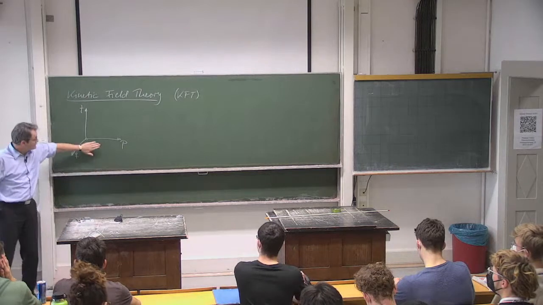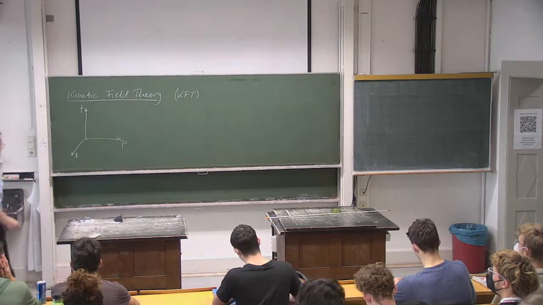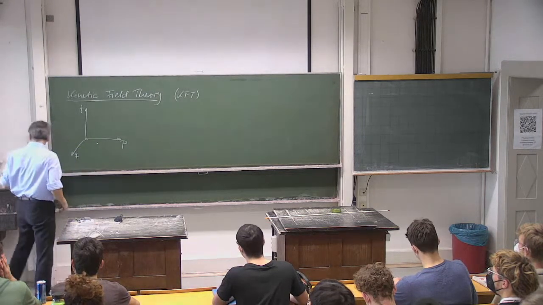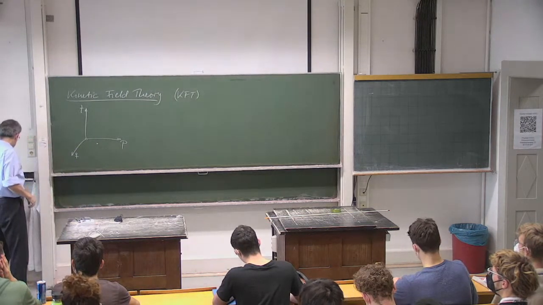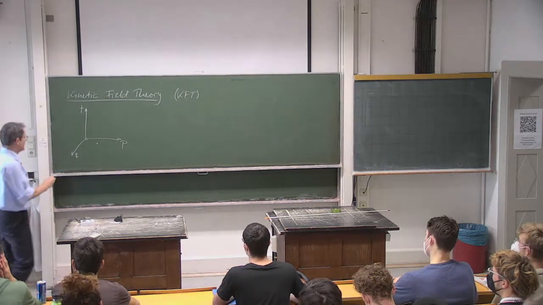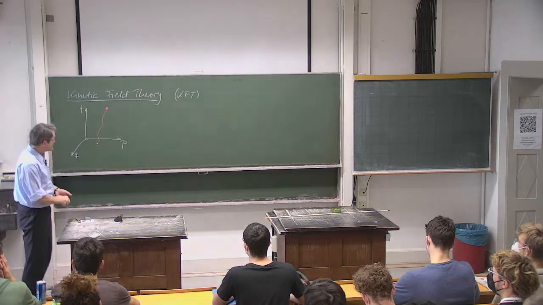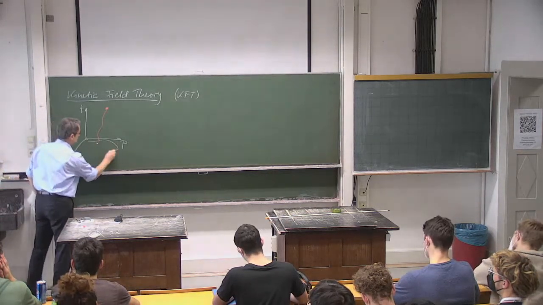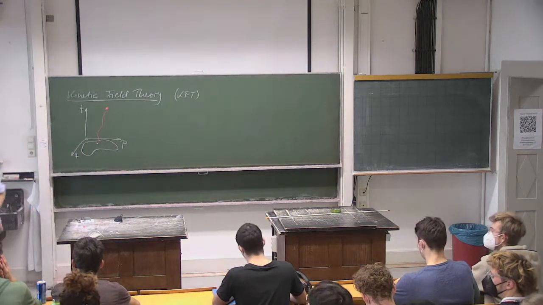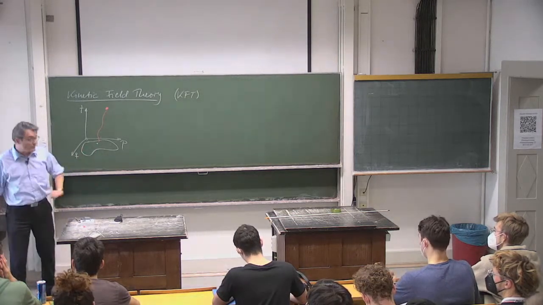So we start with some initial slice in phase space, and we launch a trajectory at some point, and we follow this trajectory over time with the Green's function for the Hamiltonian that we have. We end up here, and we plant trajectories everywhere on this initial slice of phase space with a certain probability distribution, right?